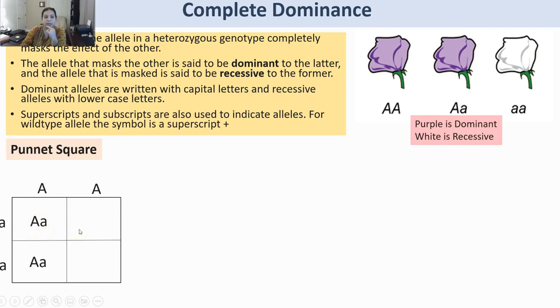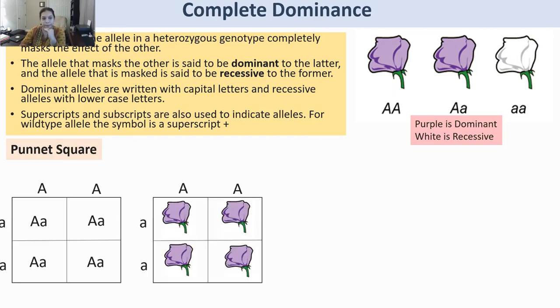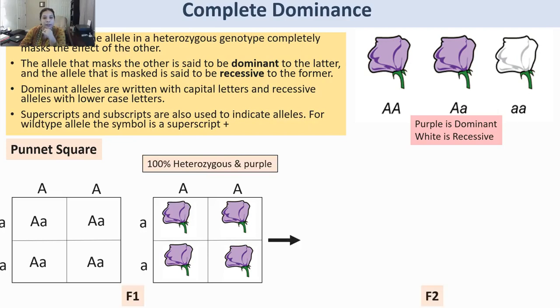So it's heterozygous, heterozygous, heterozygous, heterozygous. 100% of the progeny from a cross between a dominant and a recessive true breeding plant would give you a heterozygous individual, all of them with purple flowers. So that one is your F1, or first filial generation.